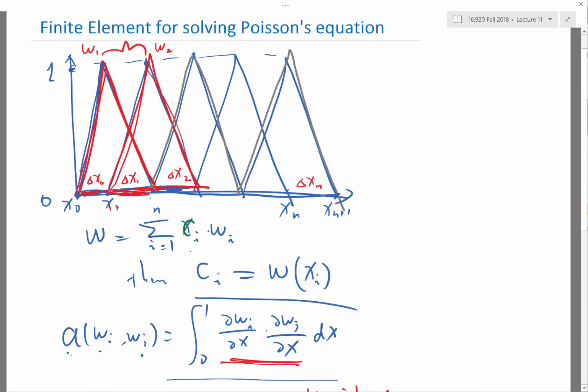If the basis functions are hat functions like this, the integral is delta x i if the delta x's are the same, right? Then yes, you can take the area of the left triangle and sum it with the area of the right triangle, and it becomes delta x. But if delta x are not uniform, what's the area underneath the triangle, underneath the basis function? What's the integral of the basis function?